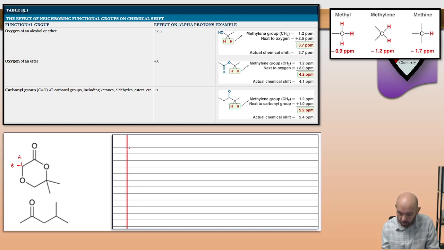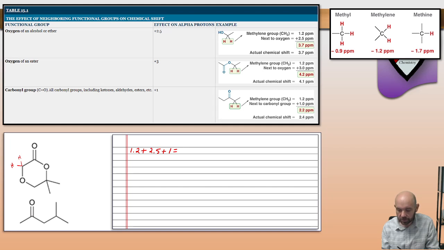So standard methylene groups have a chemical shift of 1.2. We see that it is alpha to an ether oxygen, so that adds 2.5, and it's also alpha to the carbonyl group, which is going to add 1 total.